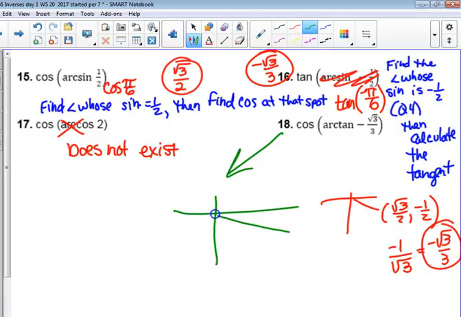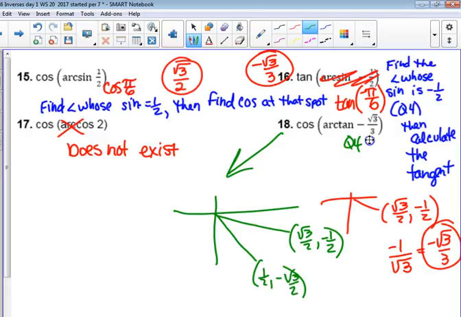But I'm going to talk through this, okay? If I'm looking for a negative arc tangent, I know I have to be in quadrant 4. So my two choices for ordered pairs that have a 3 anywhere in them are square root of 3 over 2, negative 1/2, and 1/2, negative square root of 3 over 2.